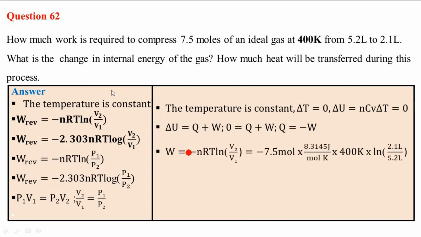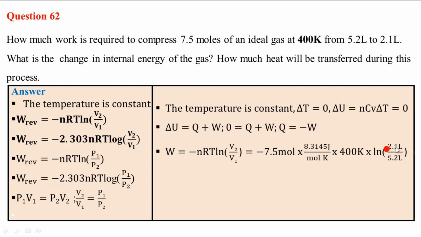And let's find the work done, because here they are asking how much work is required. Let's first calculate the work by using this formula. The work required is equal to negative n, the number of moles, 7.5 moles, times the gas constant, times the temperature, which was given as 400 Kelvin, times ln of 2.1 over 5.2.